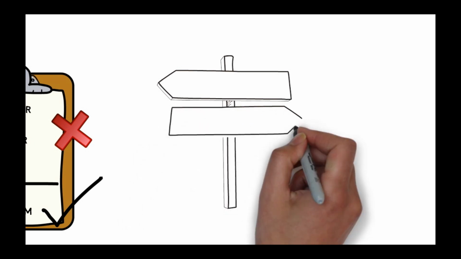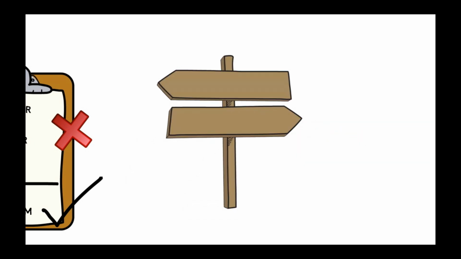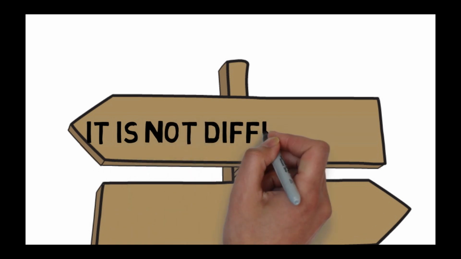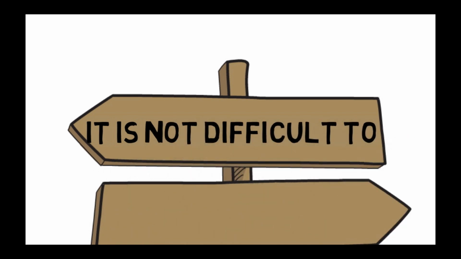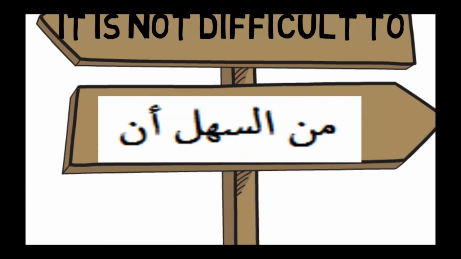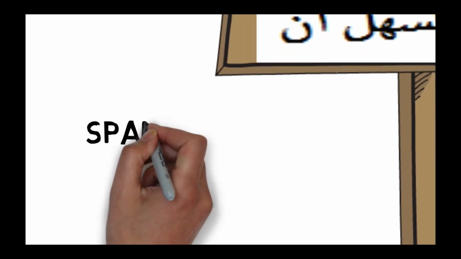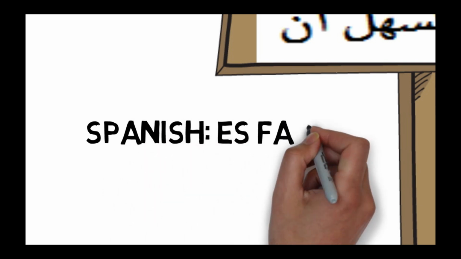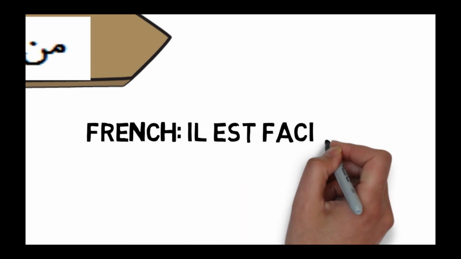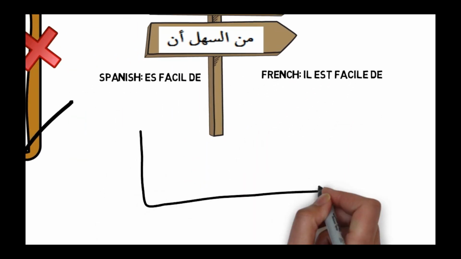The second type of modulation, reversal of terms. You can express the same idea the other way around. For example, it's not difficult. In Arabic we can say من السهل. The same can be found in Spanish, es fácil, and in French, est facile.